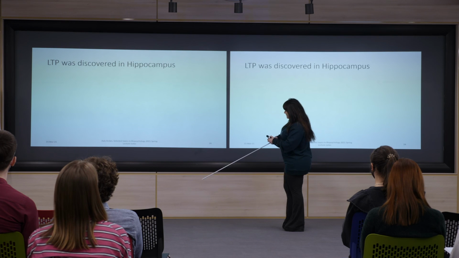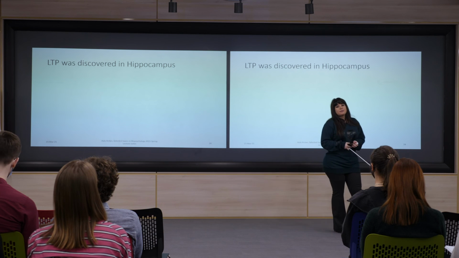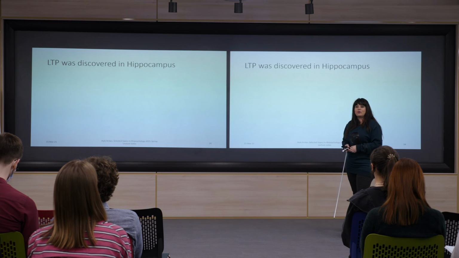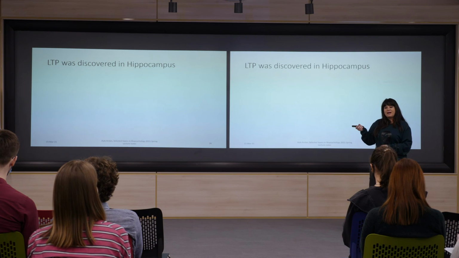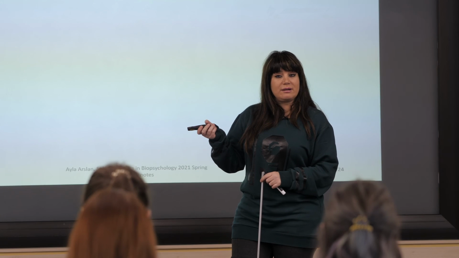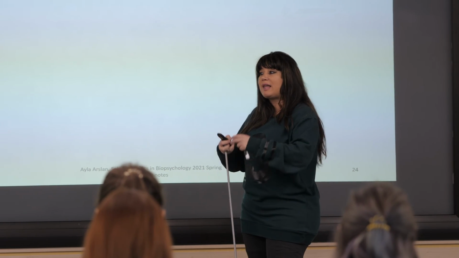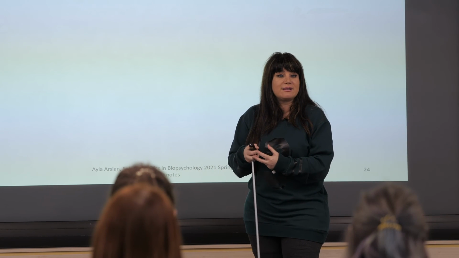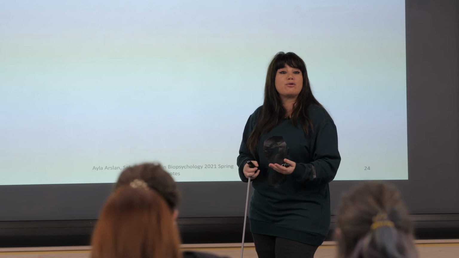But to summarize, long-term potentiation is a process that was already discovered in the 1970s in the hippocampus. But then I also mentioned some other studies that were done in the sea slug. So we have converging results regarding the molecular, physiological, and behavioral aspects of memory.